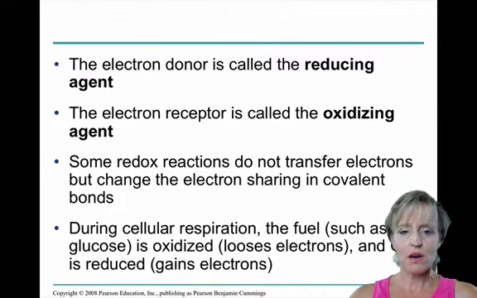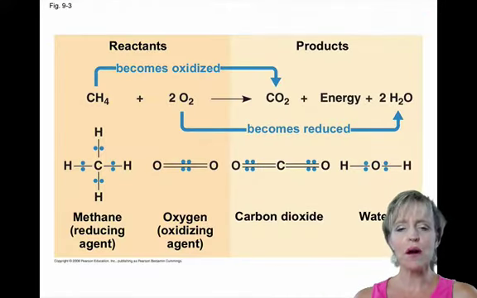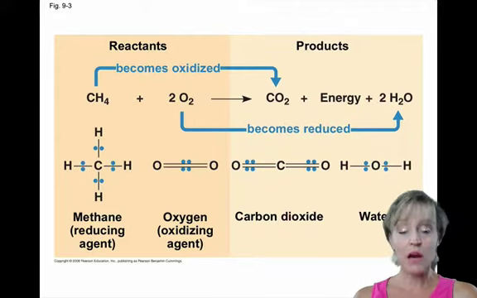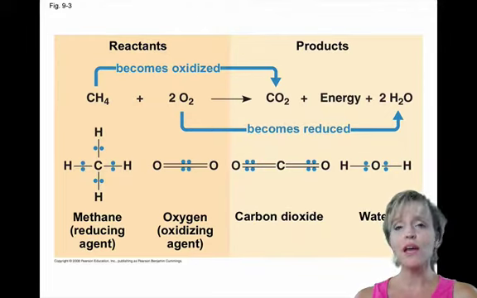Okay, we've already talked about that. On the left here, we see methane. This picture is in your book, figure 9.3. Notice that methane is a hydrocarbon. Remember that carbon and hydrogen bond, they have like electronegativity, so they're going to have nonpolar covalent bonds.